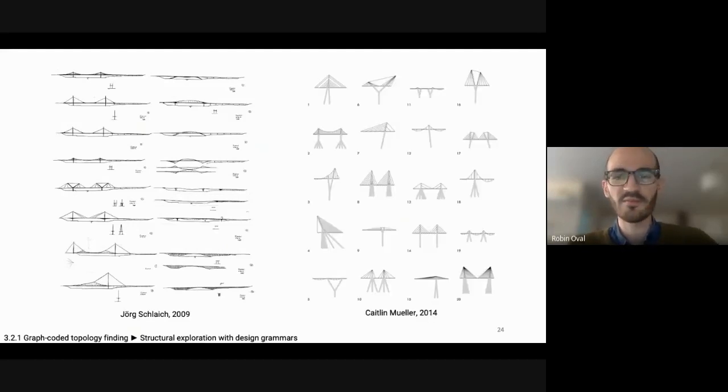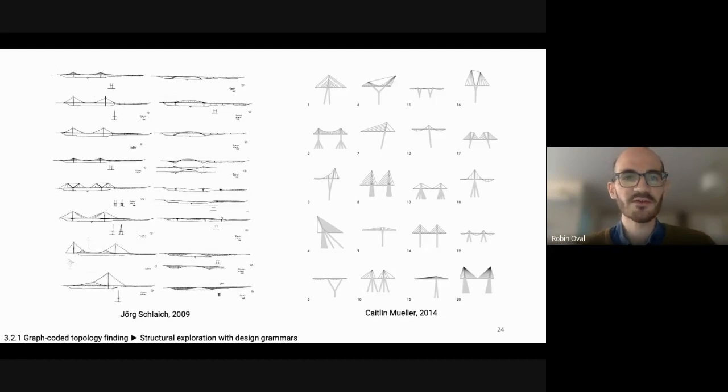This pen and paper approach can be computation enhanced, using grammars that encode all these intuitive design rules. So that's what Caitlin Müller did as part of her PhD, which is to develop a structural grammar to generate bridge designs that cover different typologies, so not topologies, typologies.